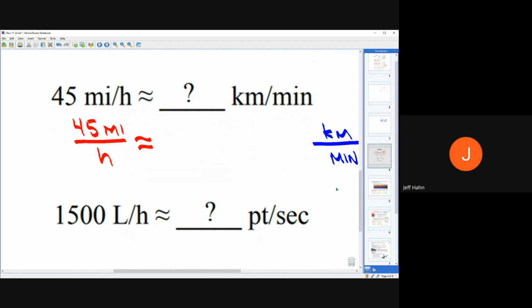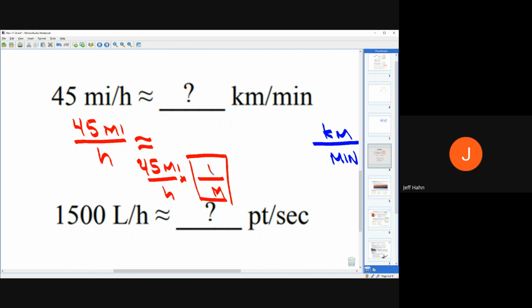I'm going to take 45 miles per hour, that's my given, and multiply it by a conversion fraction that gets rid of what? I said I wanted to get rid of miles first, right? So where does it have to go? And what has to go on top?